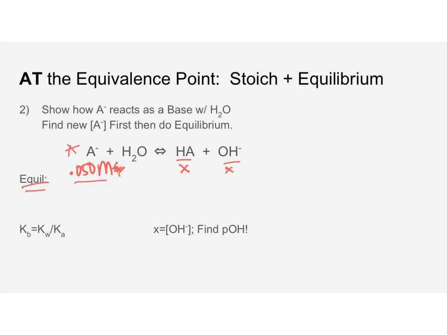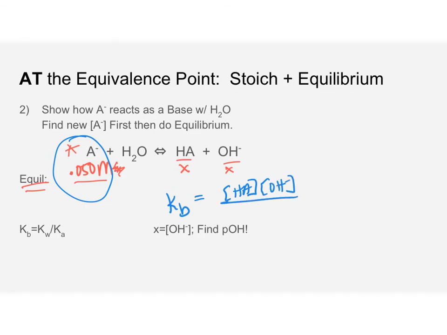So from here, because A minus is acting like a weak base, I can set this up as Kb, because A minus is a base, equals my HA times my hydroxide over my A minus, which of course is x times x over 0.050.